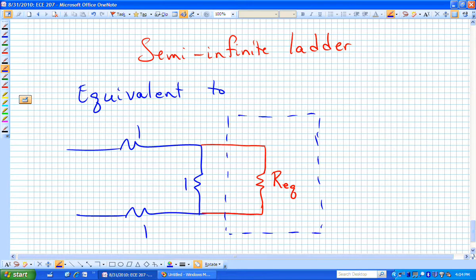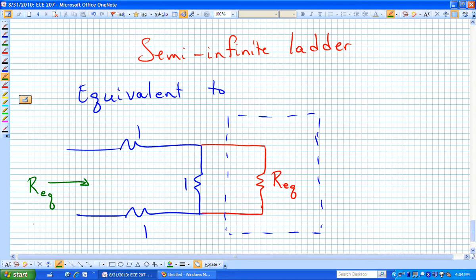If it's semi-infinite, that R equivalent should be equivalent to all of that other structure, and that structure could go on forever. But that is supposed to be the same as R equivalent. It doesn't really matter if I keep adding sections. That's supposed to be equivalent.